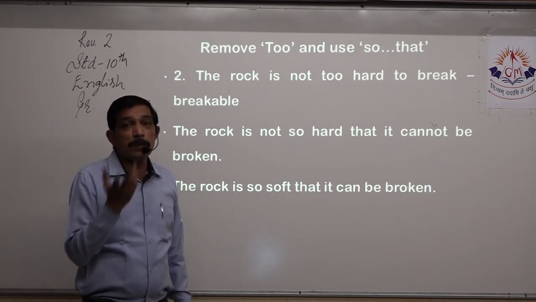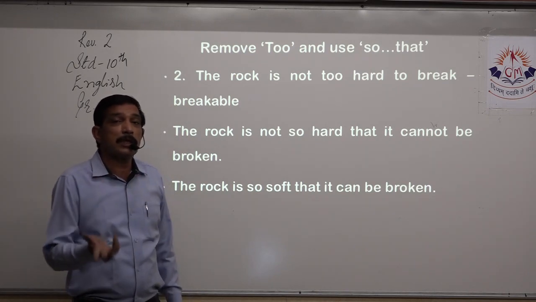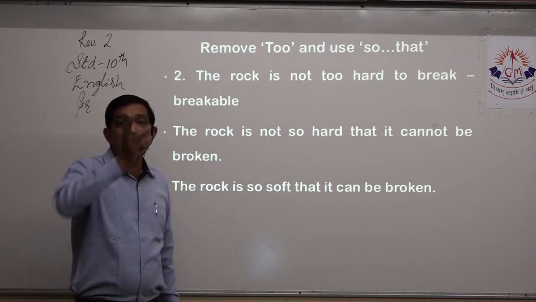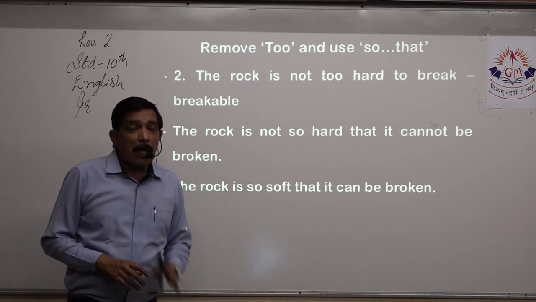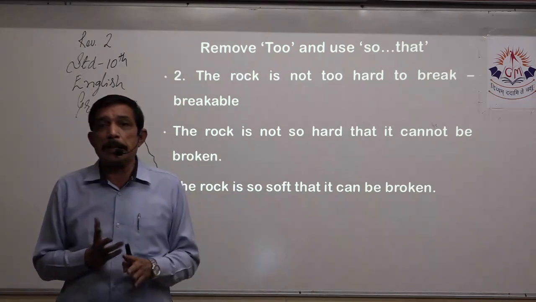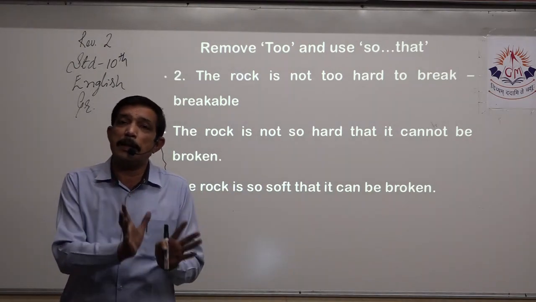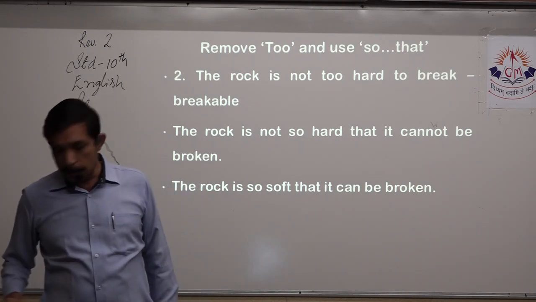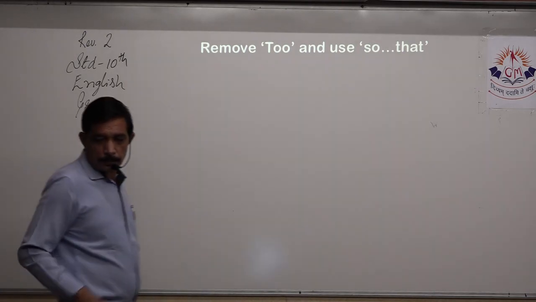Somewhere "too" is used with negation, somewhere "so that" is used with negation, somewhere "so that" is used with double negation, antonym is used. Yes, this is all to confuse you, so you need to know how to look at a sentence and know what is being said in it, so that you can pick out the correct transformation of sentences.